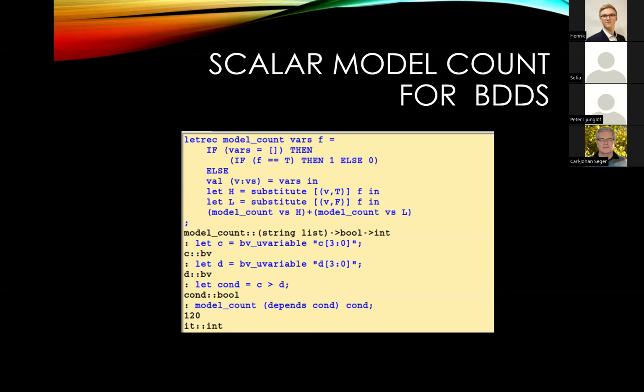Now, two things are problematic with this one. The first thing is that BDDs, as I probably should have mentioned, are of course directed acyclic graphs. They're not trees, they're dags. What happens when you run this code? It goes out and treats it as a tree.